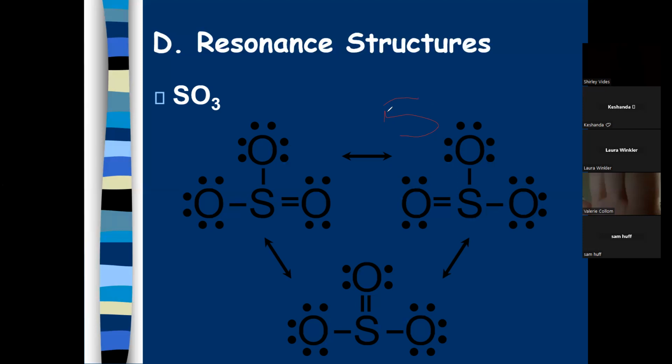And then we have 3 oxygens, so we just place oxygen, oxygen, oxygen, and we make bonds, right? The bonds give us 6 total. So what we had was 24, right? Minus 6 gives us 18. All right, 18 is perfect for the oxygens.